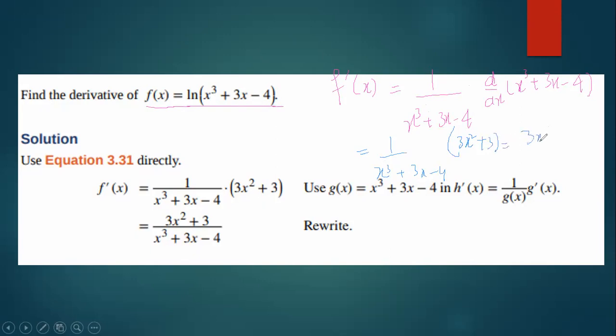So it will be 3x square plus 3 whole divided by x cube plus 3x minus 4. So this is the answer of this derivation.